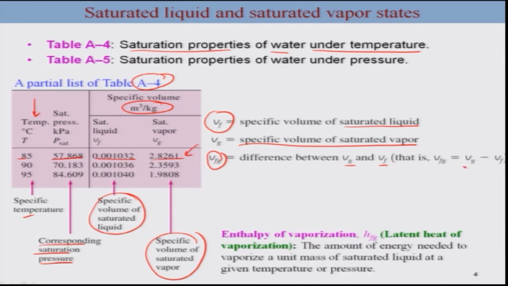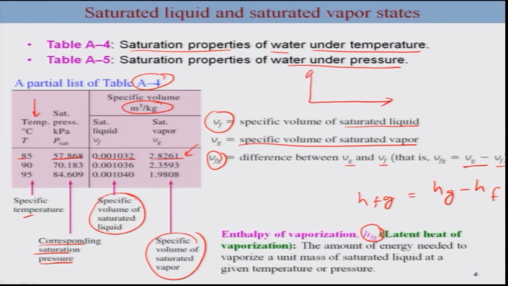Now in addition, you will have another column in this A4, which will also have the enthalpy of vaporization, hfg, which is nothing but hg minus hf. So we are going to use that as well. Now this is for saturation properties of water under temperature, and the other case is saturation properties of water under pressure.